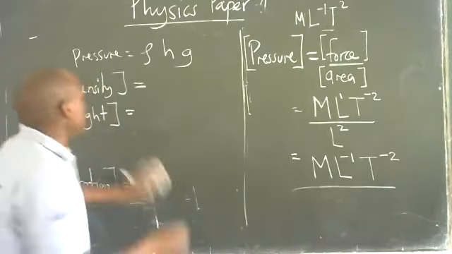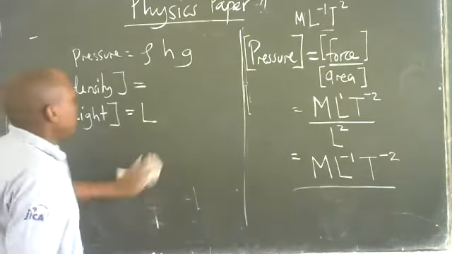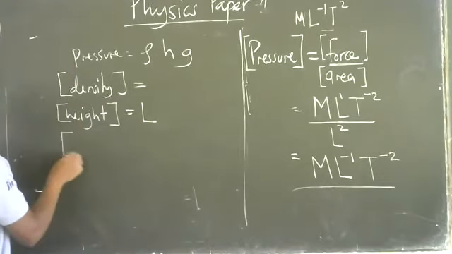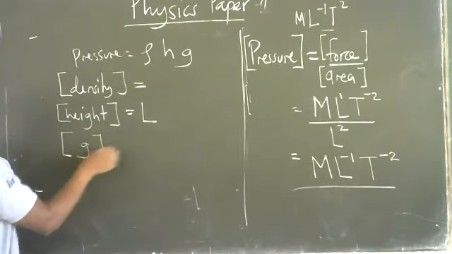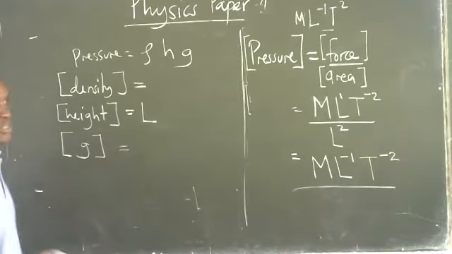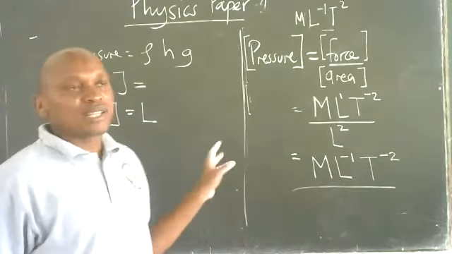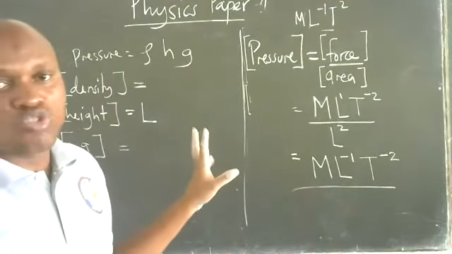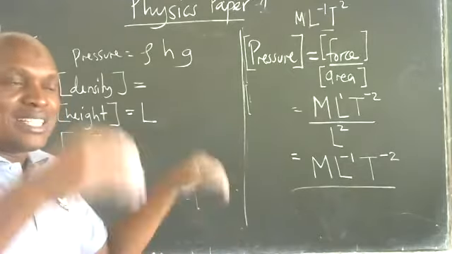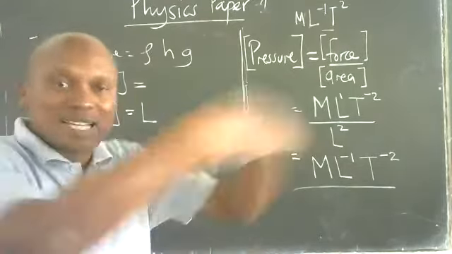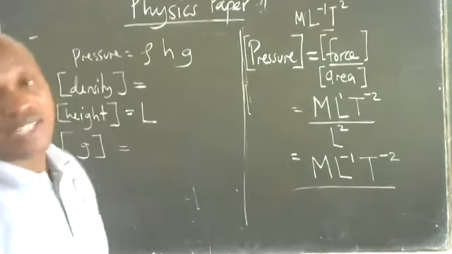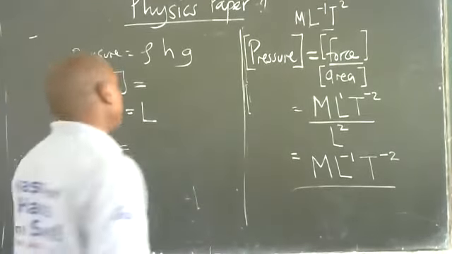Height is the same as length. Then acceleration due to gravity is the same as acceleration, which you have already got, I think it was our number 3 or number 2. It has the same units, meters per second squared.